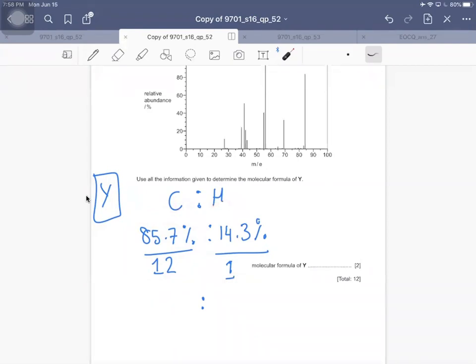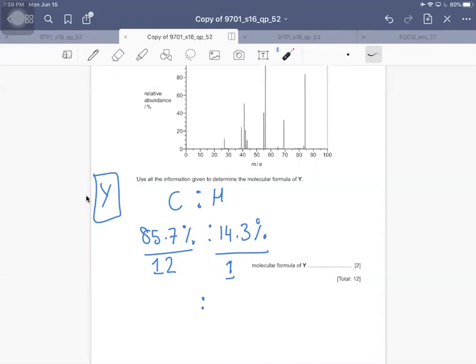Can someone give me the ratio? I want the number. Yes, CH2 is right, but the number, not 1 to 2.